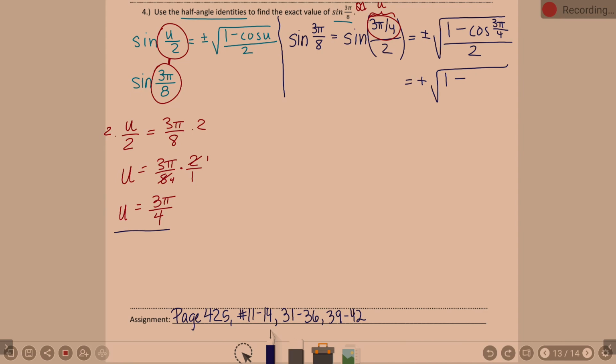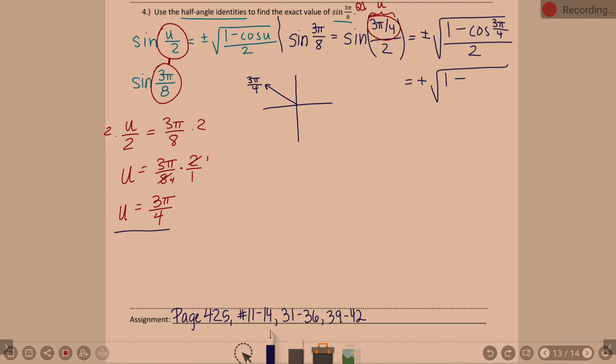Cosine of 3 pi over 4. Where is 3 pi over 4? Quadrant 2. It is in quadrant 2. 3 pi over 4 is not on my chart there, is it?